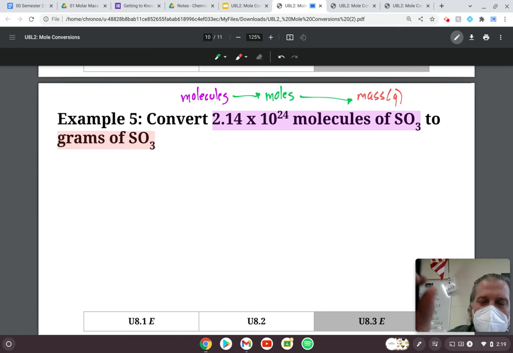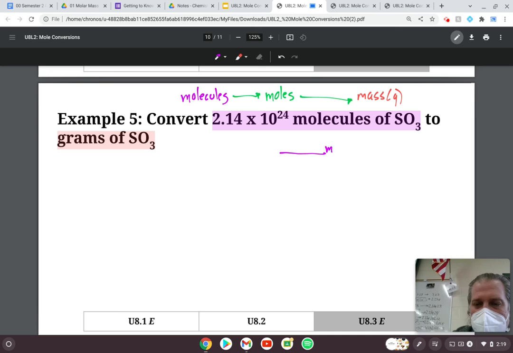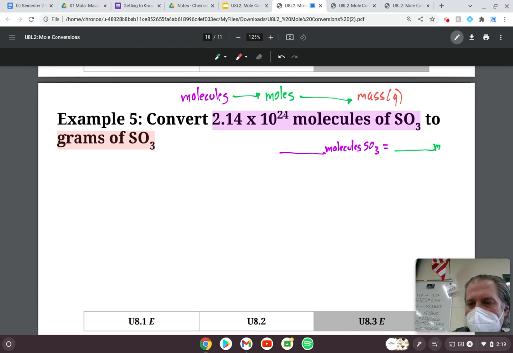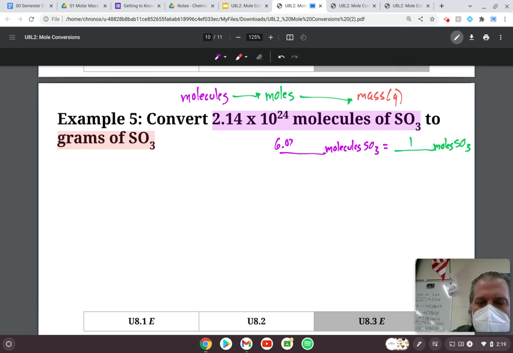First thing we need to do is figure out a couple of our relationships. So we are looking for the relationship between molecules of SO3 and moles of SO3. We know from earlier that 1 mole of anything is going to be equal to 6.02 times 10 to the 23rd molecules of that anything.